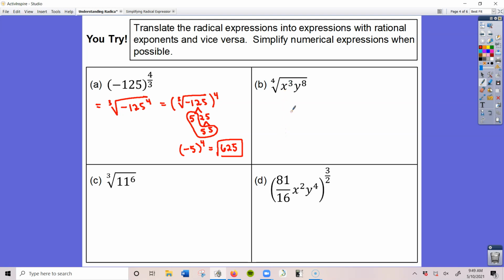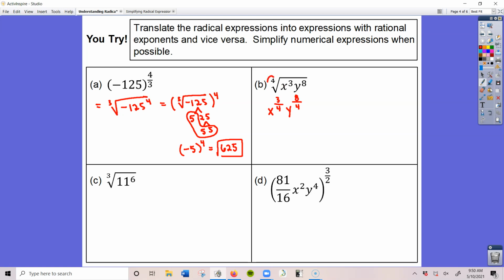Now let's rewrite this one. We have the fourth root of x to the third, y to the eighth. So what we're going to do is apply this root to everything that we see here. So this is x to the third over 4, and then y to the eighth over 4.